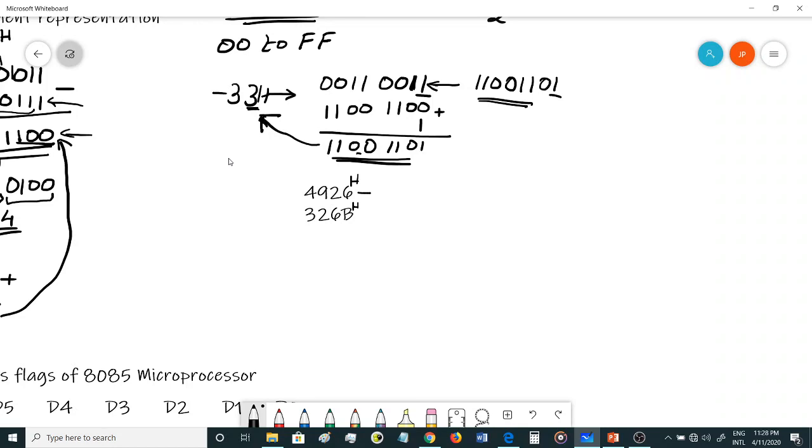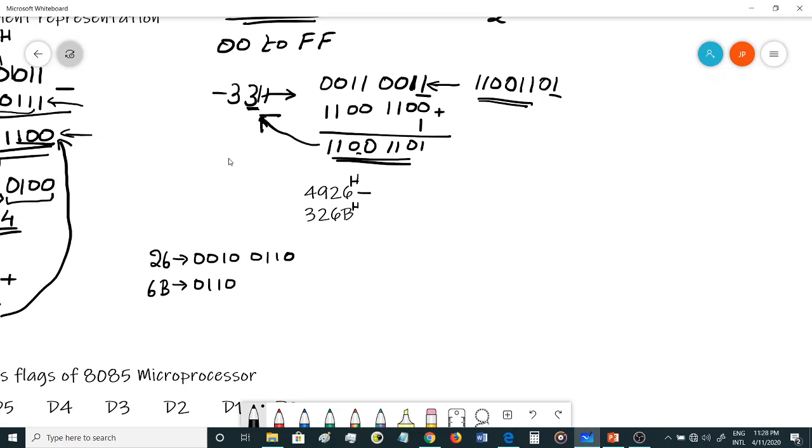So 26. Now what is 26? 26 is 0 0 1 0, 6 is 0 1 1 0. Now what is 6B? 6B is going to be 0 1 1 0.